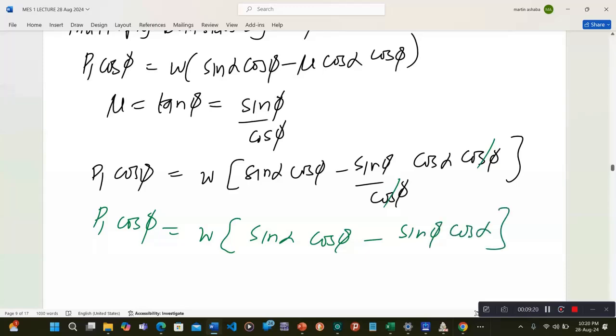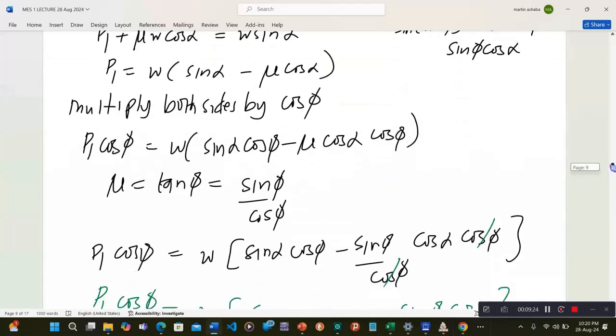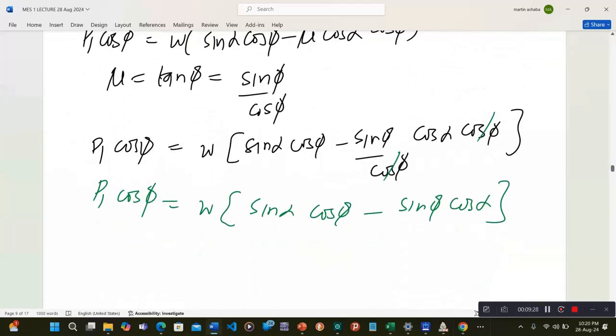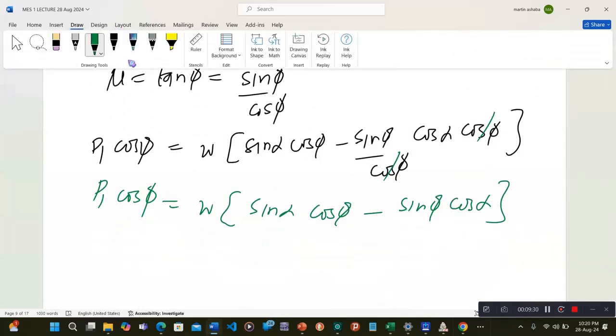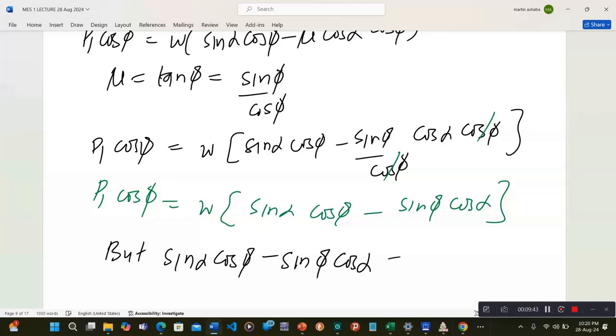Does it in any way resemble what I gave you up there? Sine alpha cos phi, then sine phi cos alpha? Yes. So sine alpha cos phi minus sine phi cos alpha is the same as sine into alpha minus phi.